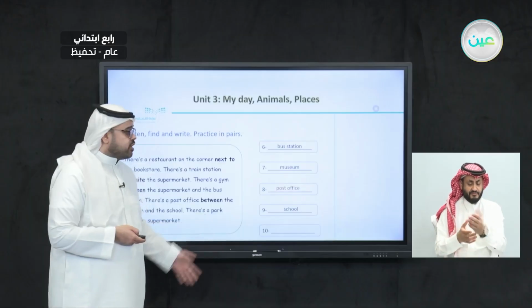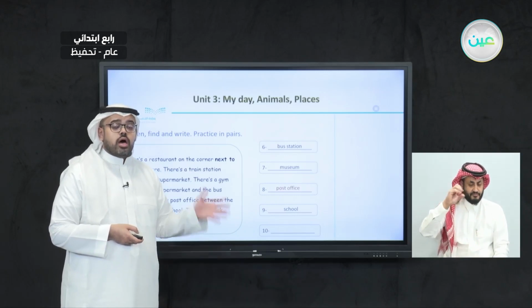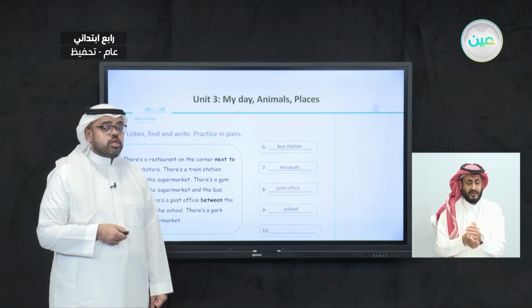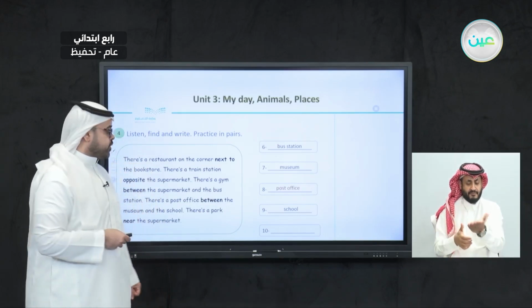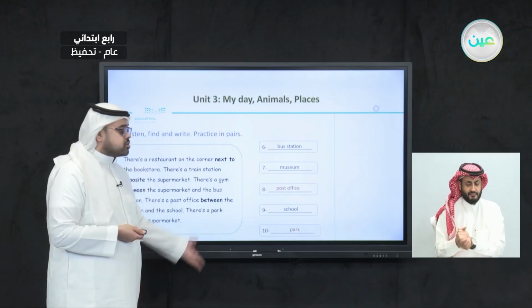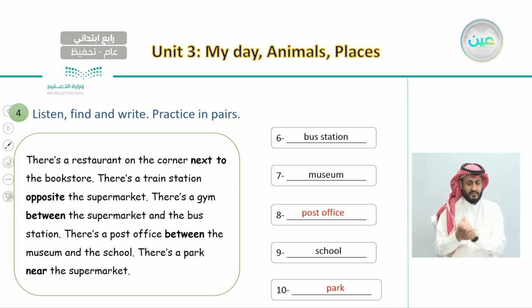So here in this case, we can write and say that number 8 is a post office. Number 8. Now this will leave us with the last thing. The last thing is there is a park near the supermarket. And so the last place we're going to write a park, which is near the supermarket.